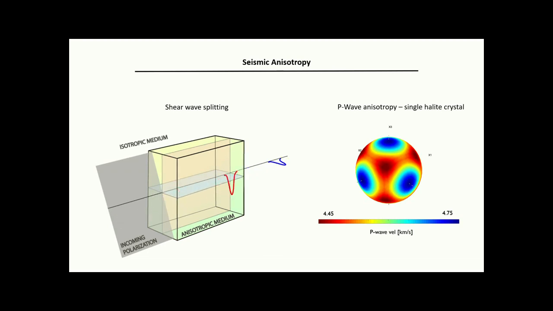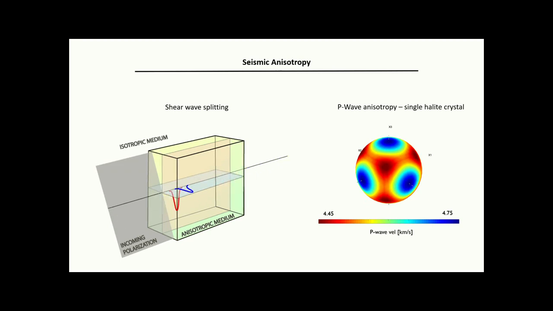I imagine many of you know that, and we have also heard many talks about that. So one phenomenon which we see in seismically anisotropic media is that when a shear wave enters an anisotropic medium, it gets split into two different waves with two different polarization directions and velocities, which leads then to a time delay between this fast and the slow wave, which first gives us an estimate of the amount of seismic anisotropy, and also gives us insights into the deformation history by measuring the polarization of the fast shear wave.